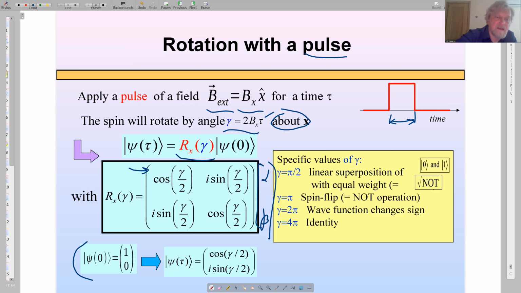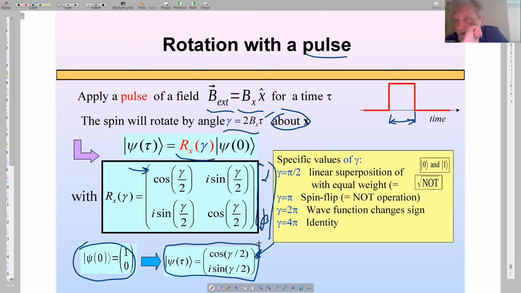Simplest example, if the qubit is again in the ground state, that's the result. Let us understand it for specific values of this angle gamma. If we start with whatever state, south pole or north pole, 0 or 1, and rotate by 90 degrees, we get to the equator, right? So it's a linear superposition with equal weight.